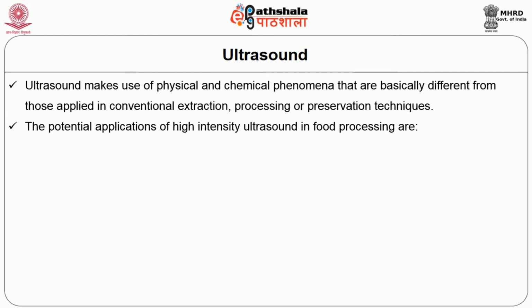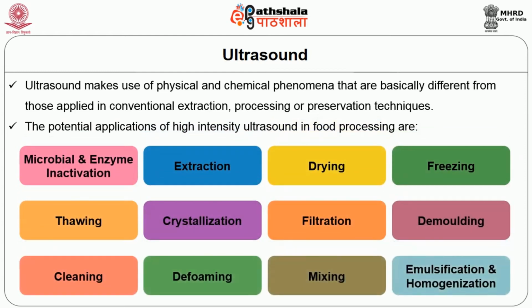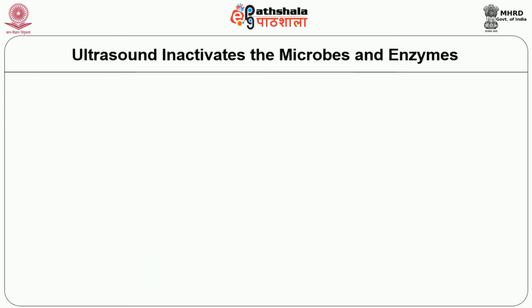The potential applications of high intensity ultrasound in food processing are microbial and enzyme inactivation, extraction, drying, freezing, thawing, crystallization, filtration, demolding, cleaning, degassing or defoaming, cutting, mixing, emulsification and homogenization. Let us now see how ultrasound inactivates the microbes and enzymes.